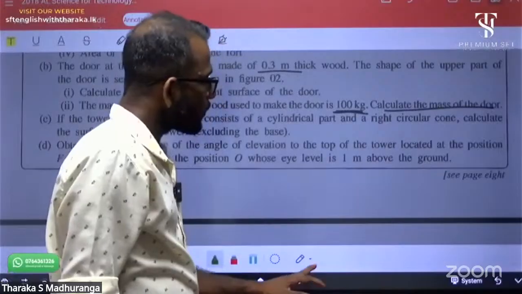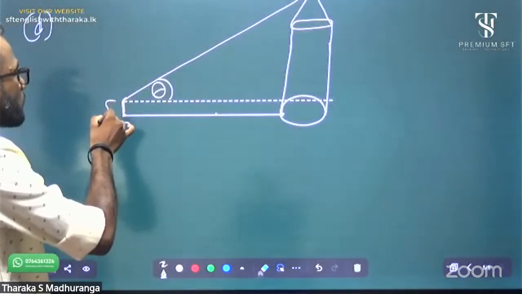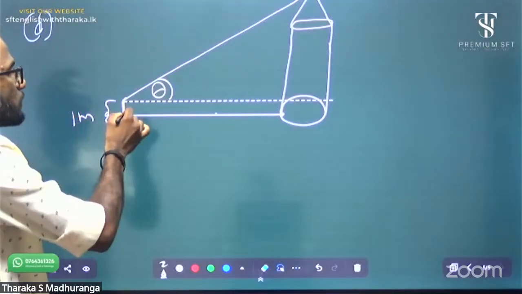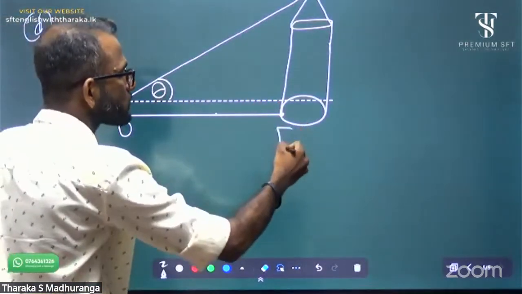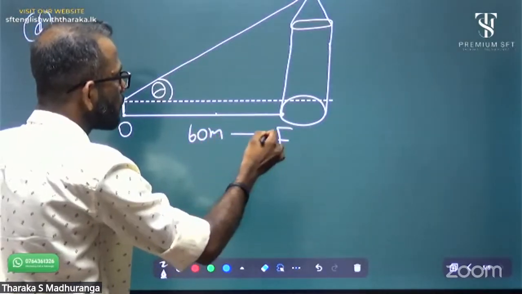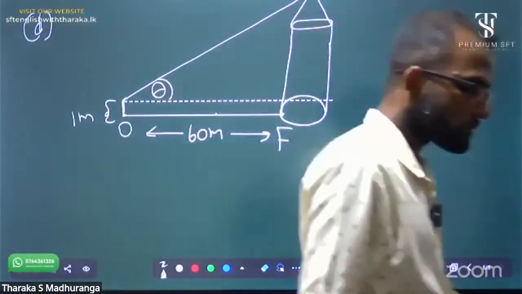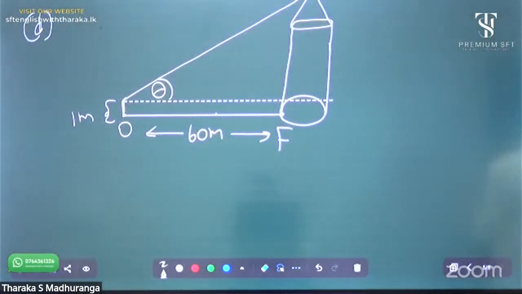O to F is 60 meters, you already know. Can you send the value? I'll give you 2 minutes.